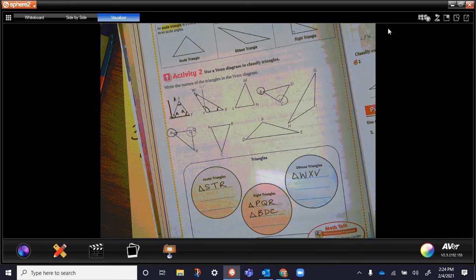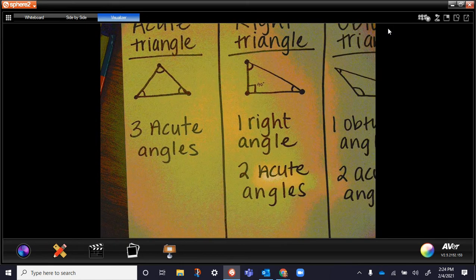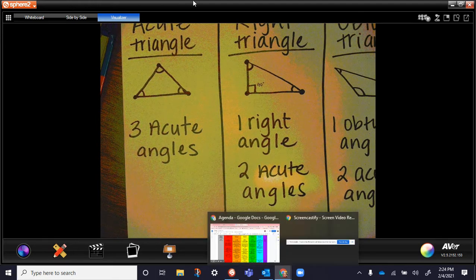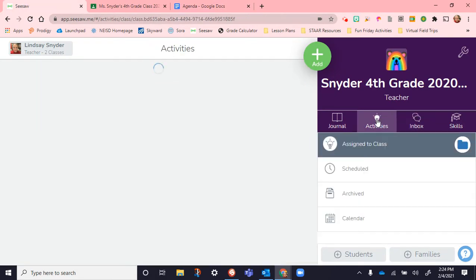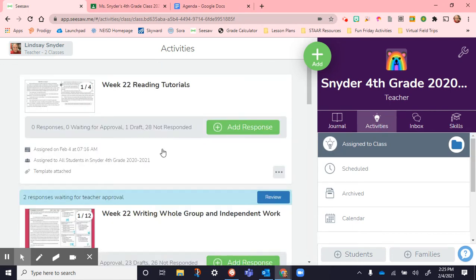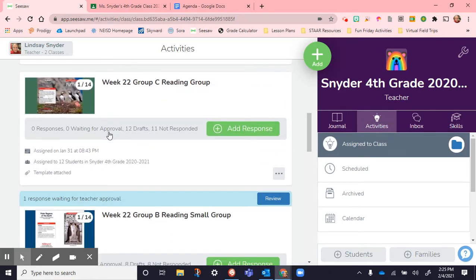Okay, so we named those, and then we went to Seesaw. And in Seesaw, we went down to week 22 math.